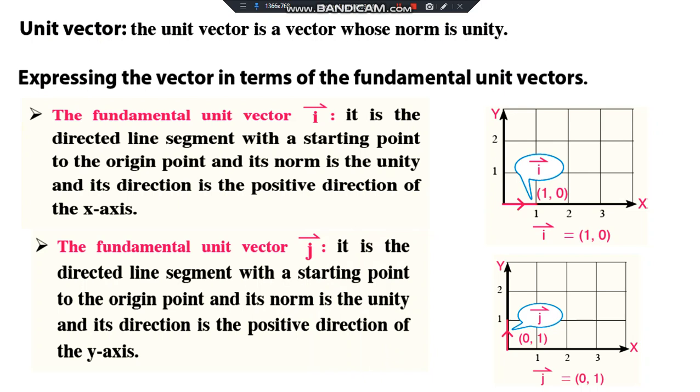It is the directed line segment with starting point at the origin point, its norm is unity also, and the direction is the positive direction of the y-axis. So the i vector means 1 and 0, and the j vector means 0 and 1, because we take the positive direction of the x-axis and the positive direction of the y-axis.